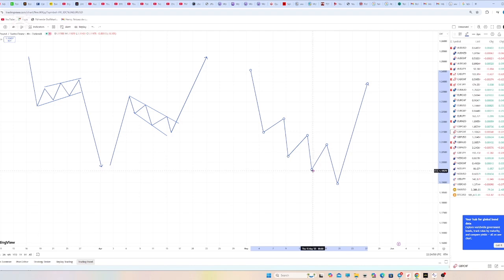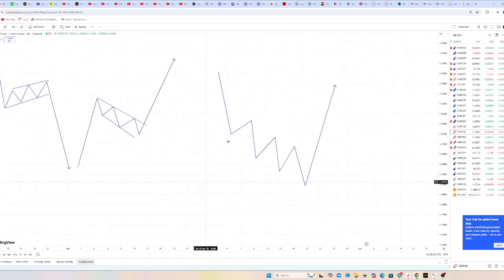Then for a bullish move reversing to a bearish move, you have something like so, price going all the way up.